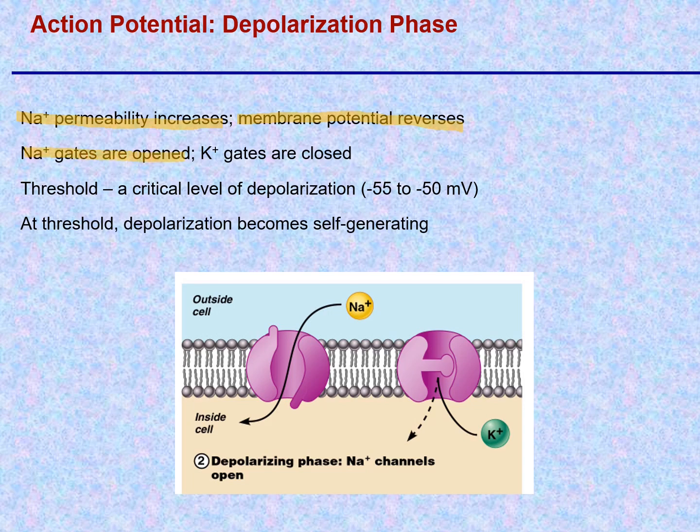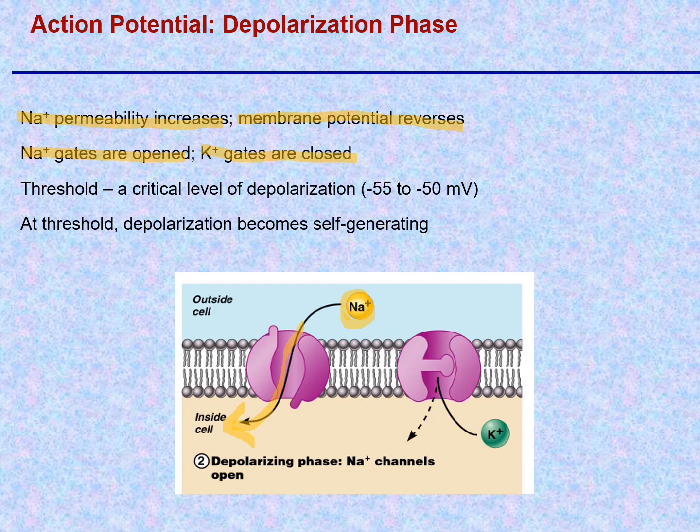Sodium gates open. The potassium gates remain shut, but sodium gates open, and because of the electrochemical gradient, the sodium will start rushing to the inside of the cell because of the higher concentration of sodium outside, and because it's a positively charged ion moving towards the negatively charged interior.